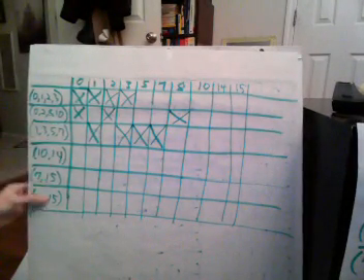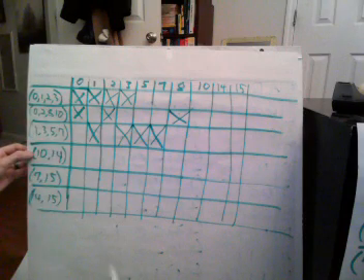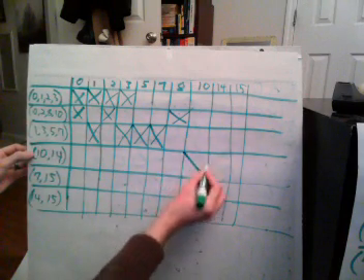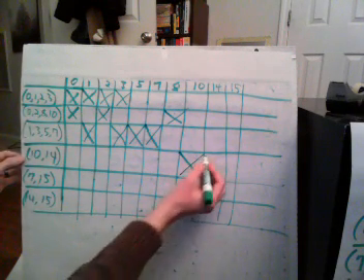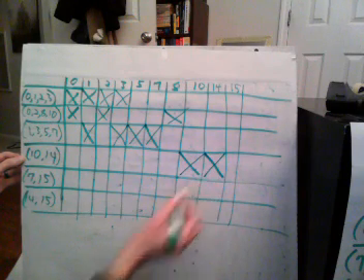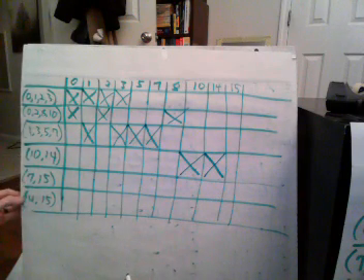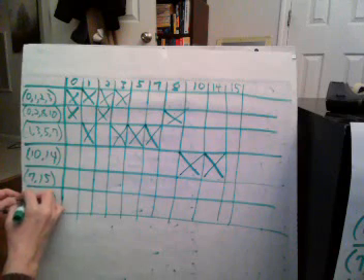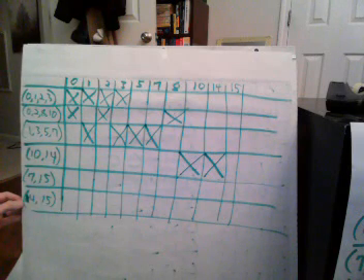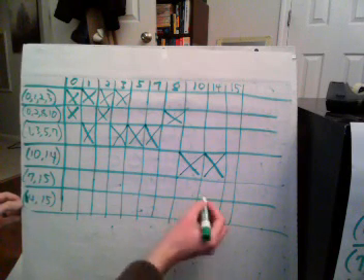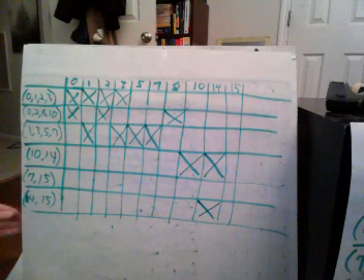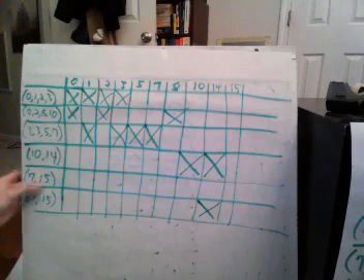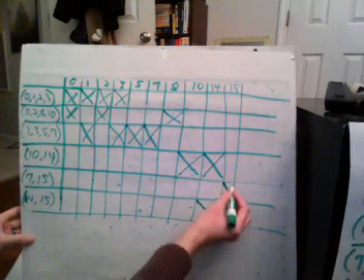That does not. That does not. Now we look for 10. This one has a 10. That's the only one with the 10. We look for 14. This one has a 14. This one also has a 14. So we'll mark a 14. And now we look for 15s. The last two have 15s.